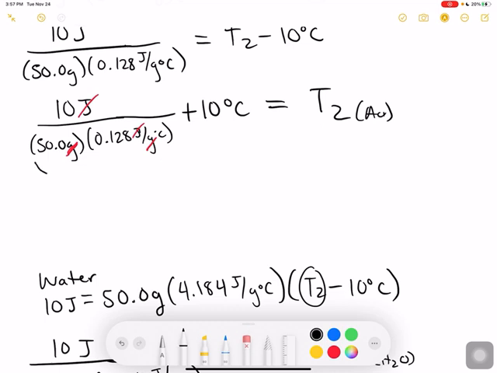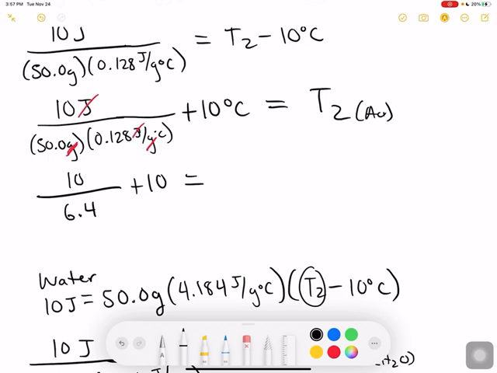So I'm going to multiply 50 times 0.128 in my calculator really quick. Okay, so that's 10 joules. Well, I'm not going to include the units anymore since we already know what the unit is going to be. 10, and 50 times 0.128, that's going to be 6.4 plus 10.